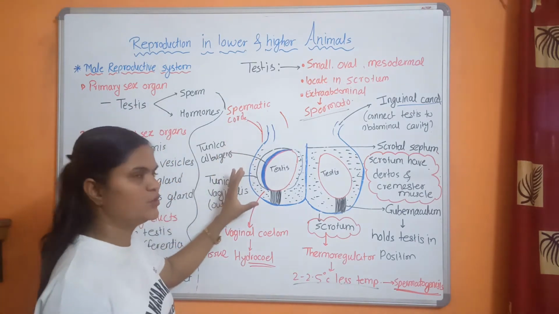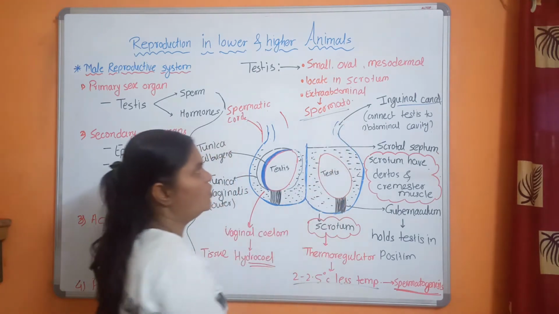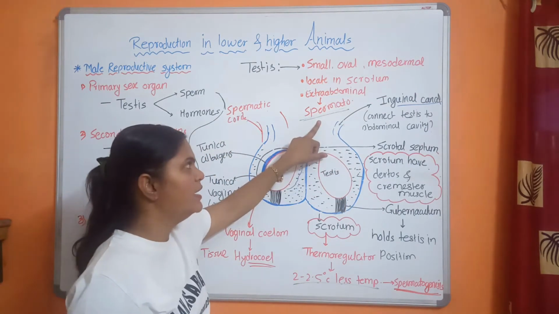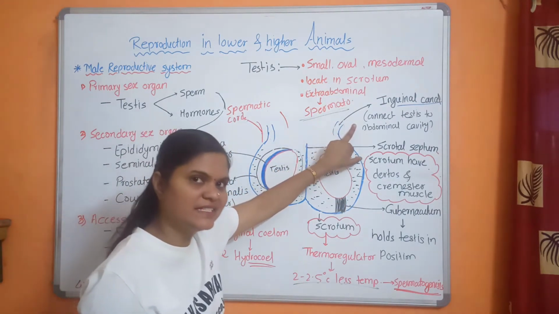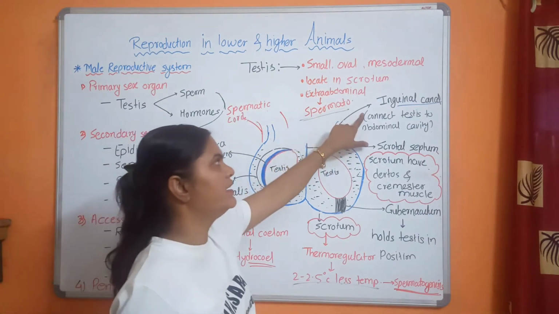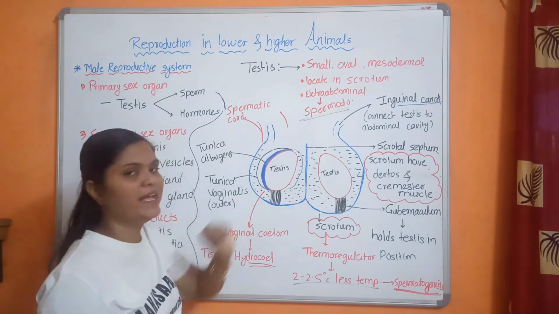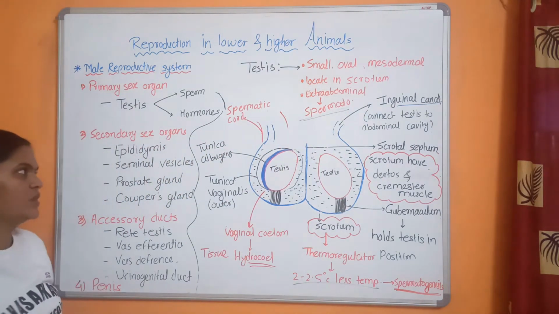Now the testes descend into the scrotum by the inguinal canal. So what is the inguinal canal? It is the connection between the testes and the abdominal cavity. The inguinal canal is the passage through which the testes descend from the abdomen into the extra-abdominal region. And how are the testes held in the scrotal sac?